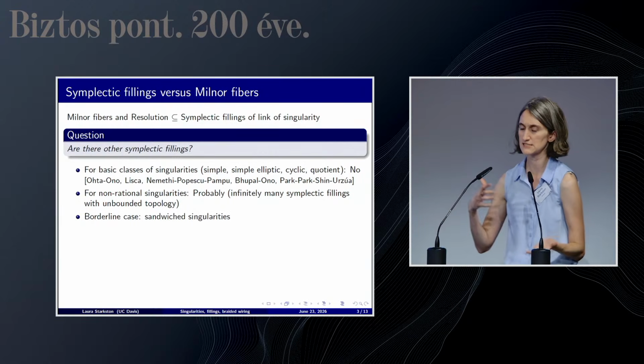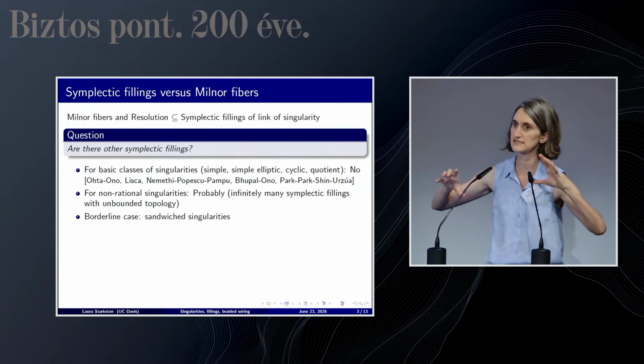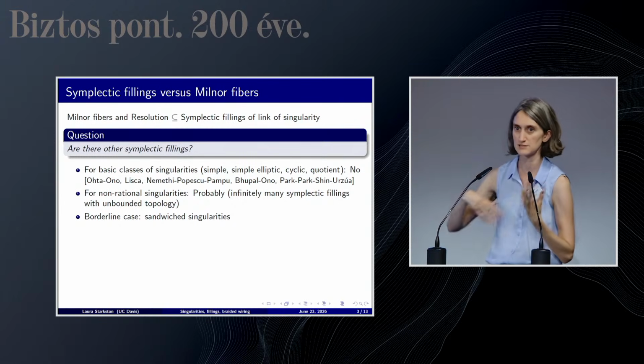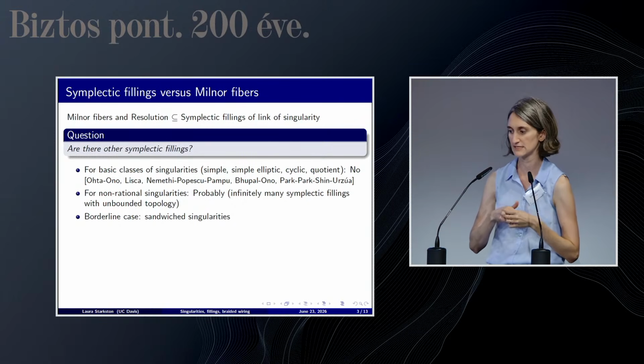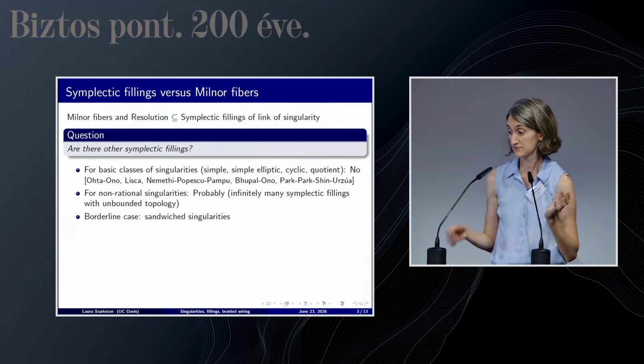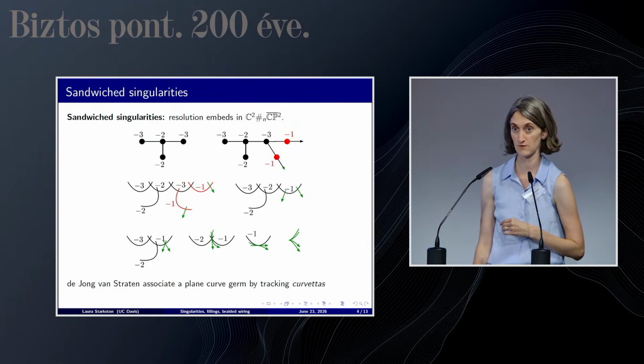But the point is there's this in-between land between these really basic classes of singularities and much more complicated singularities, which are the sandwiched singularities. So let me show you what these are with an example.